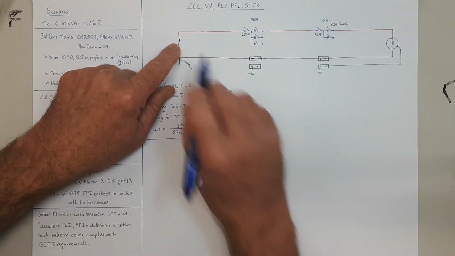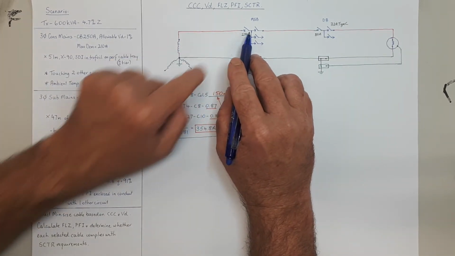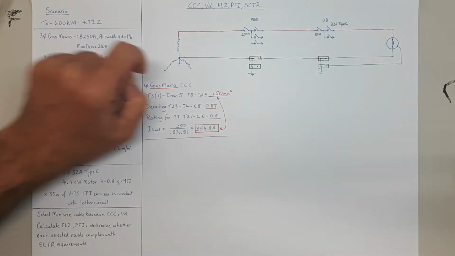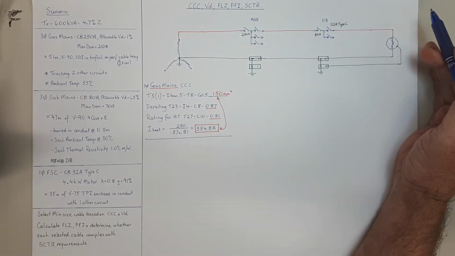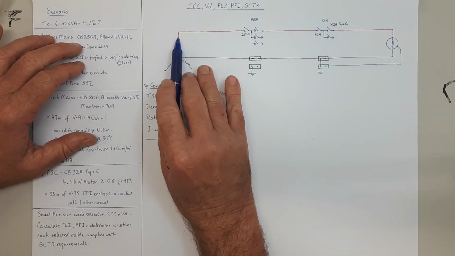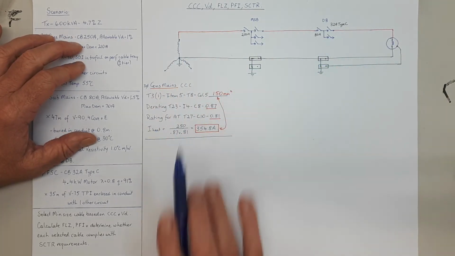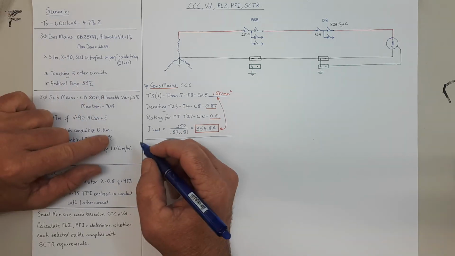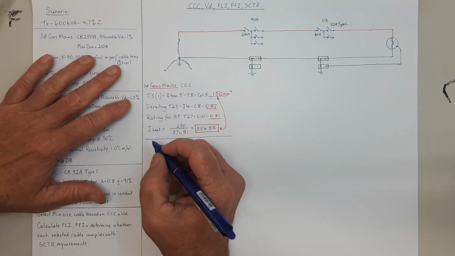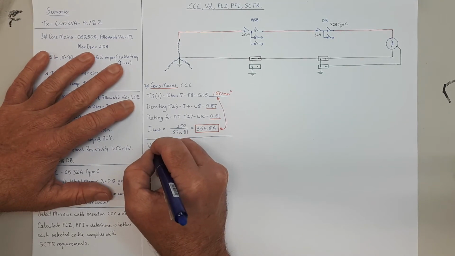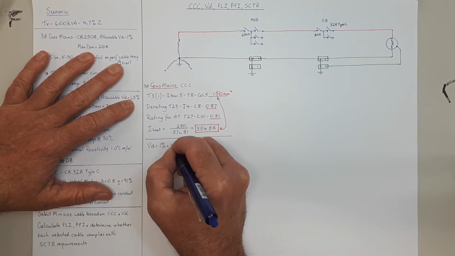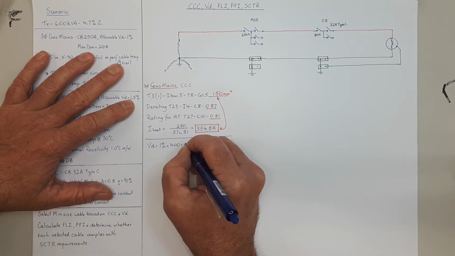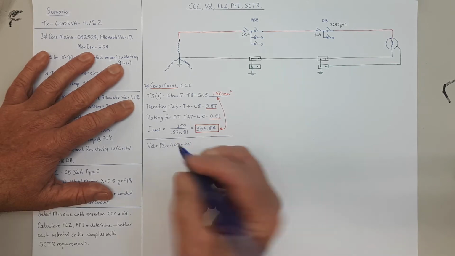We can only get 5% across the entirety of the circuit, starting from the cons mains and finishing at the final sub-circuit. We only get 5%, so we're allowing 1% in the cons main. So voltage drop is 1% of 400, of course, because it's 3-phase. So it's just 4 volts.